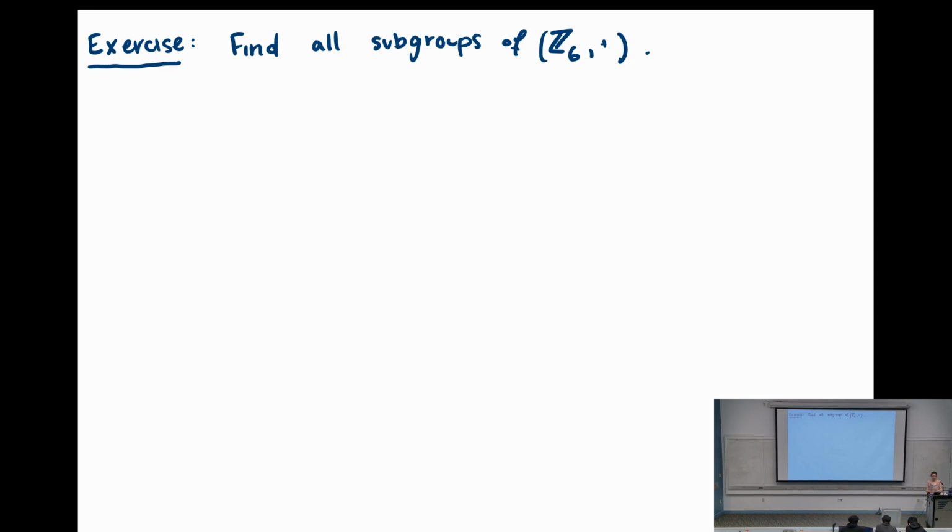Okay, so what subgroups of Z mod 6 do we have? Okay, so one subgroup is 0, comma 3. This is a subgroup of order 2. What other subgroups do we have? Yes, there's also 0, 2, 4. This one has order 3.